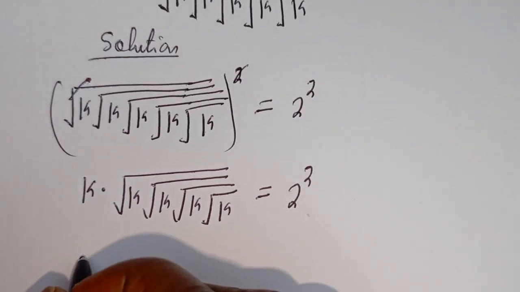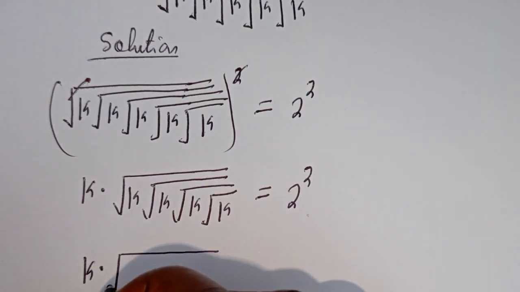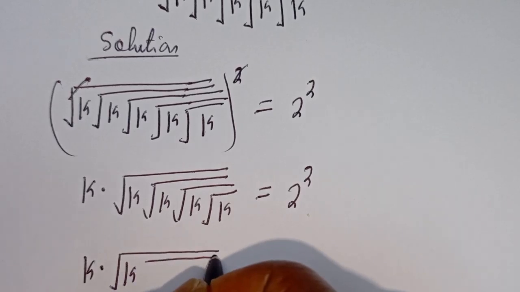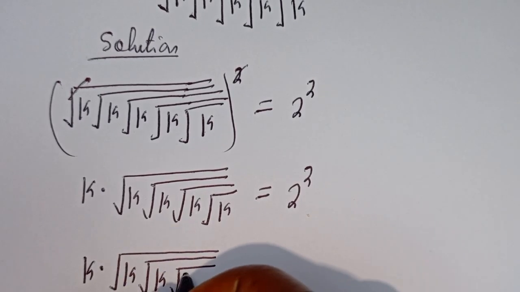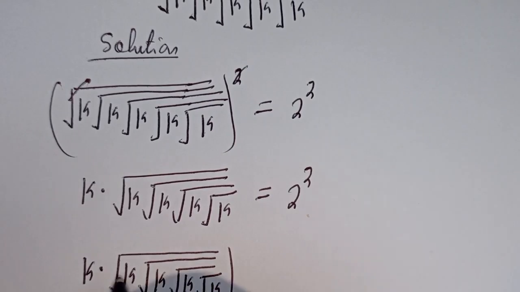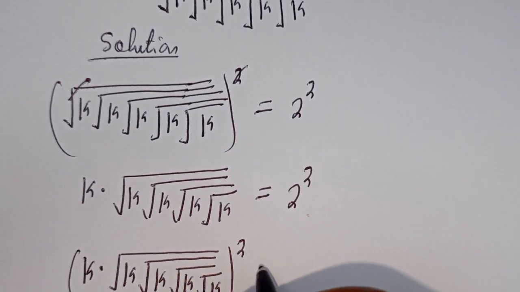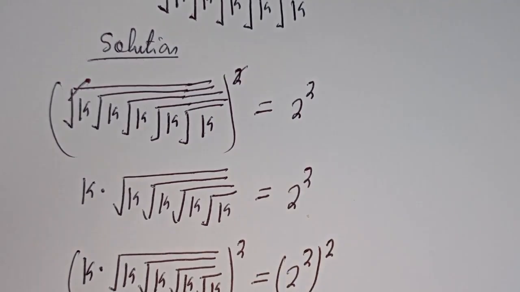And here we have k multiplied by the square root of k, square root of k, square root of k, all squared, is equal to 2 squared squared.